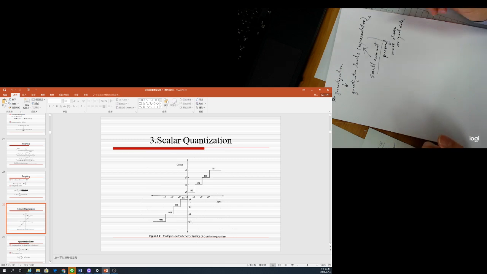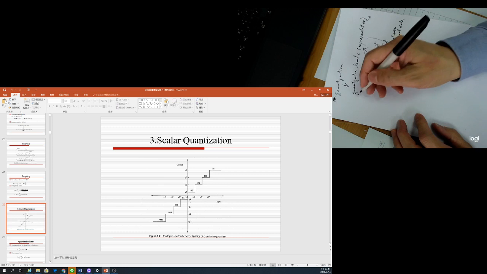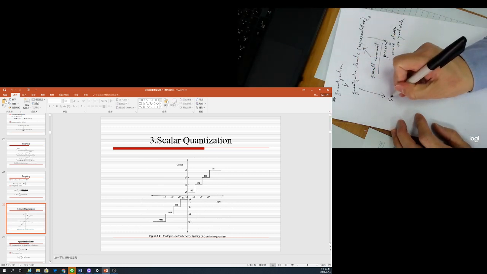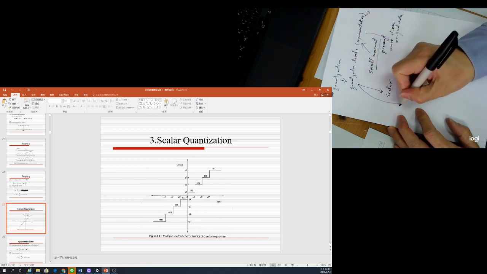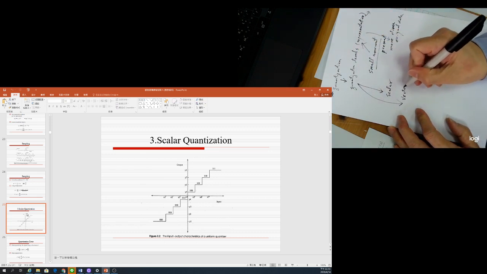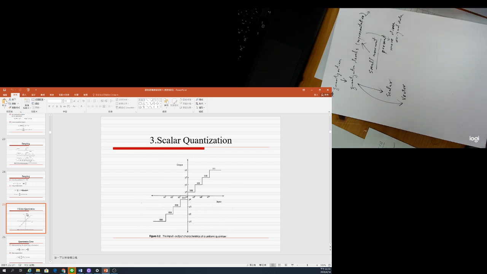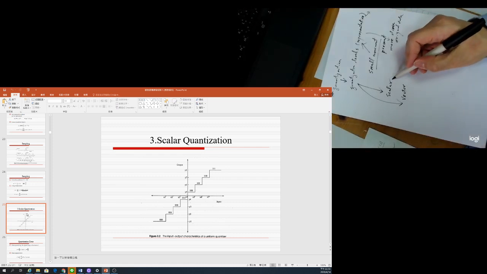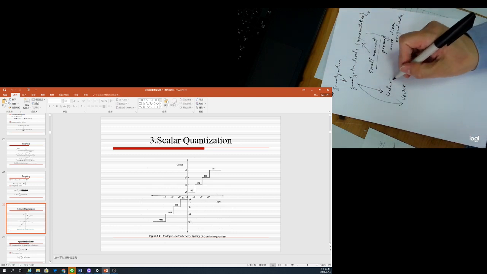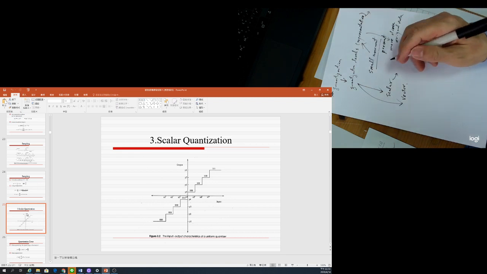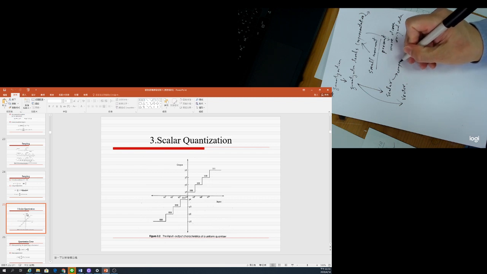So how do we make a good quantization? First, we have scalar quantization, and we also have vector quantization. Scalar quantization is based on one component at a time, just one value.